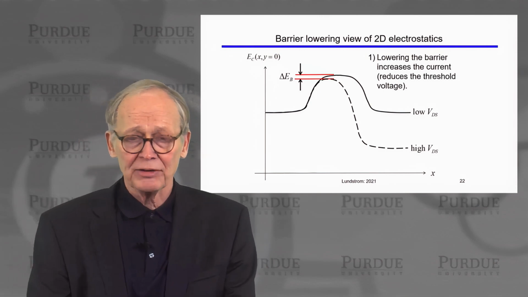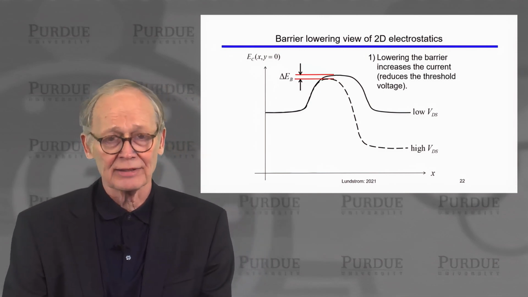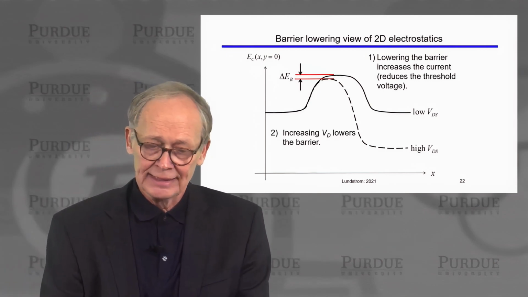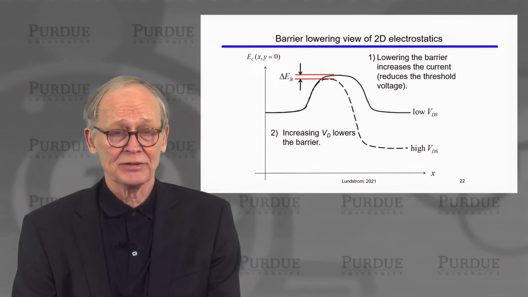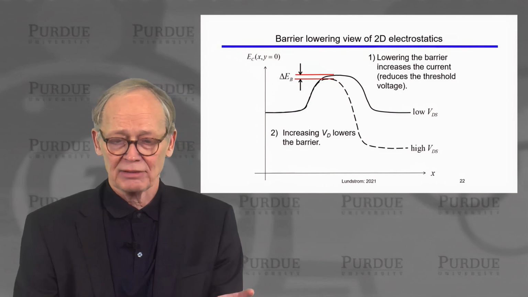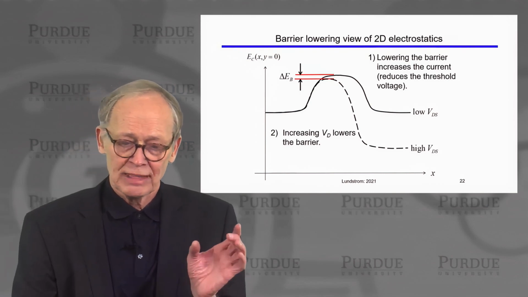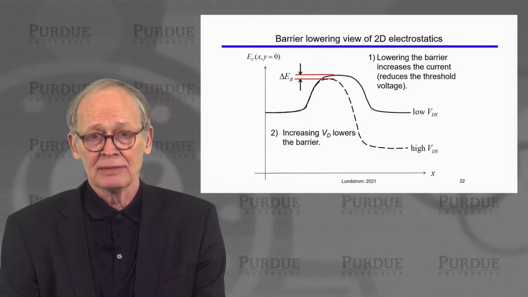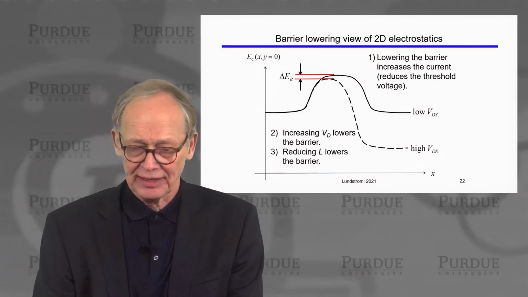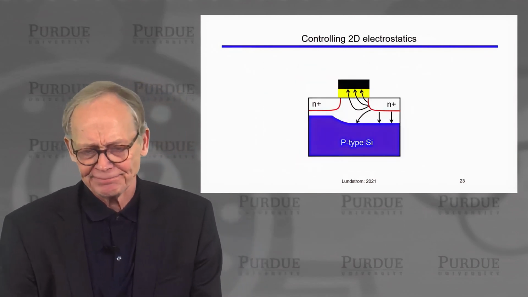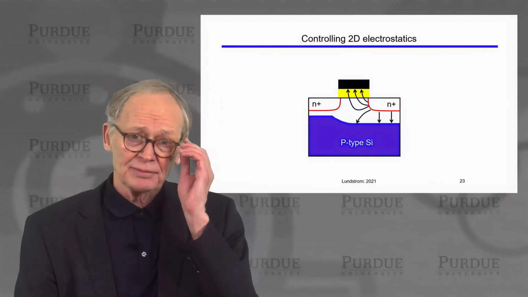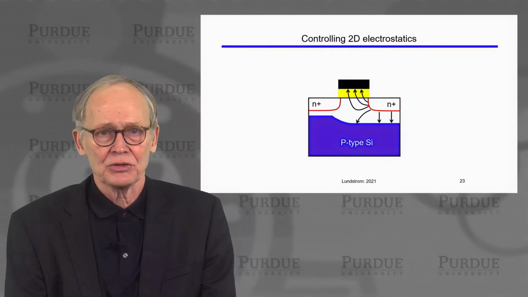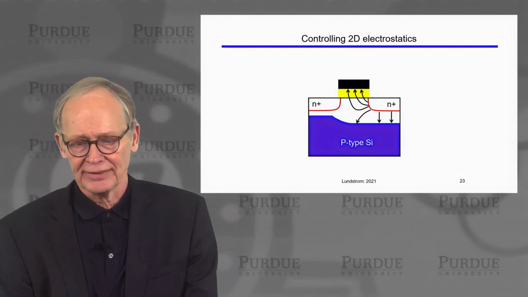Lowering this barrier increases the current and reduces the threshold voltage. Increasing the drain voltage also will lower the barrier. So either shrinking the channel length or increasing the drain voltage, both of them can lead to this effect. A lot of modern transistor design is all about controlling these 2- and 3-dimensional electrostatic effects.